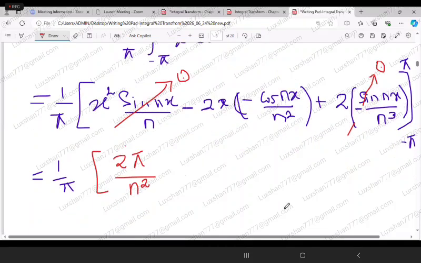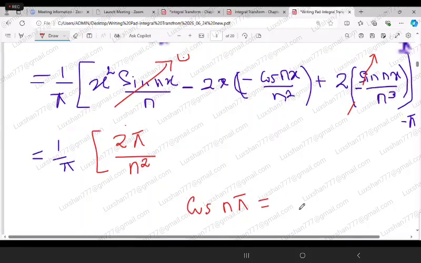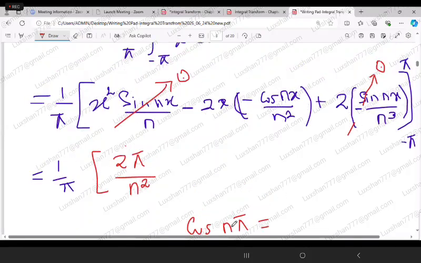Here cos n pi. Can anybody tell me what is the value of cos n pi? Yesterday I told you. Not minus 1. N pi means if n is equal to 1, then it is minus 1.